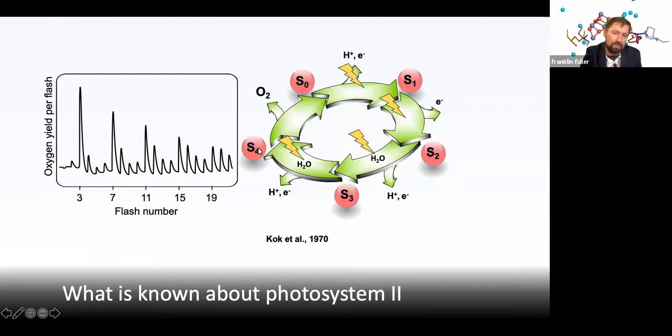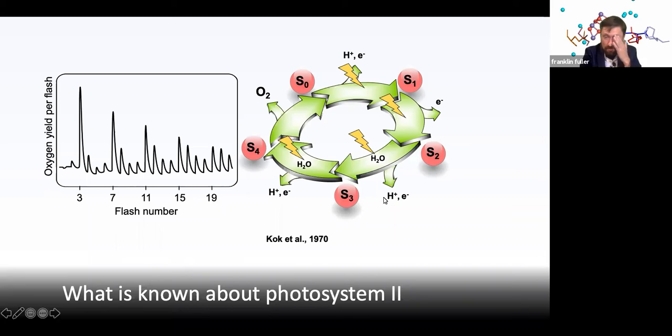But this is hard to examine because S4 is a very transient state. And so we picked the S2 to S3 transition to look at, because if we looked just before and just after the oxygen is released, we should be able to make a good inference about how oxygen was created in this S4 step.